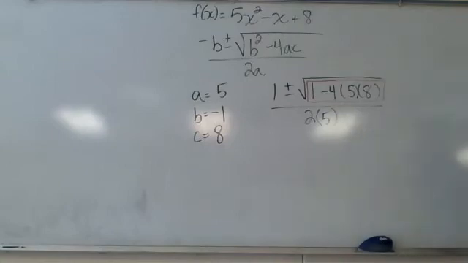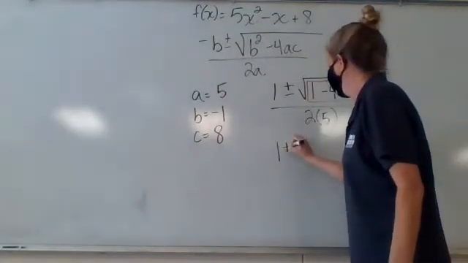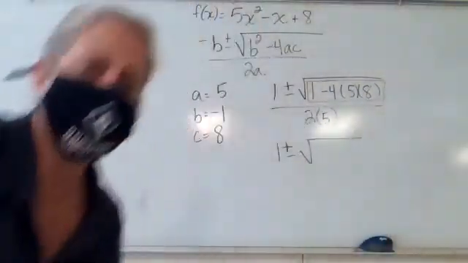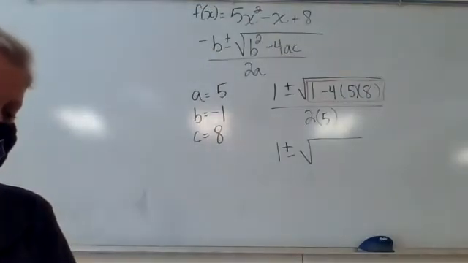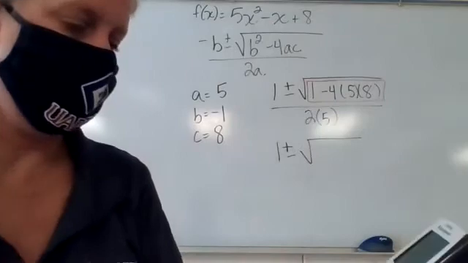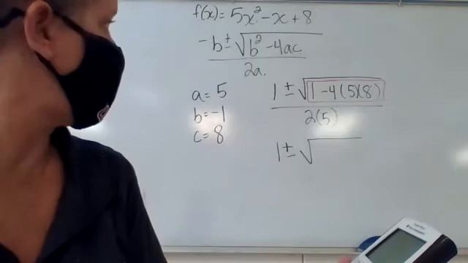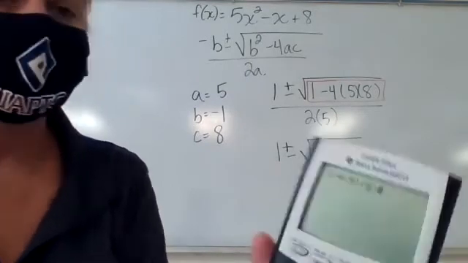So just type that into your calculator, exactly like it's written right here. I'm just going to bring down the 1. Plus minus, then I'm going to have a square root. Now, underneath my square root, I'm just going to exactly type in what that shows. So I have 1 minus 4, and then open parentheses, 5, close parentheses, open parentheses, 8, close parentheses.